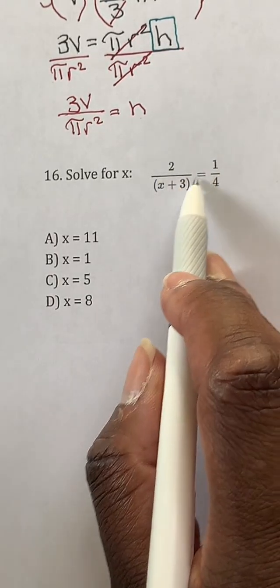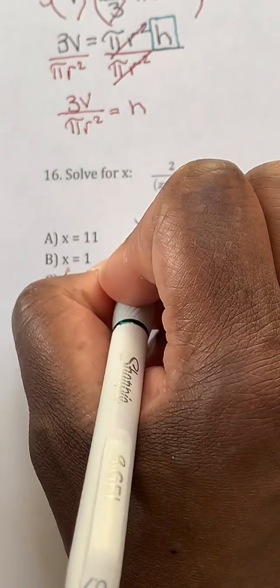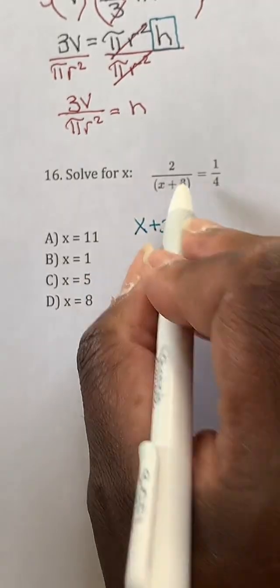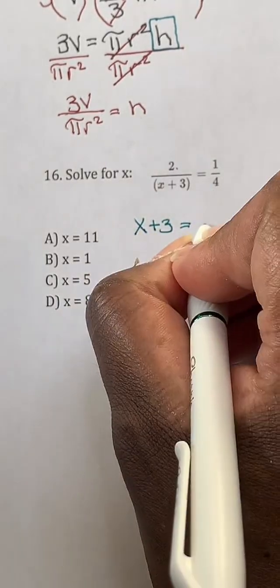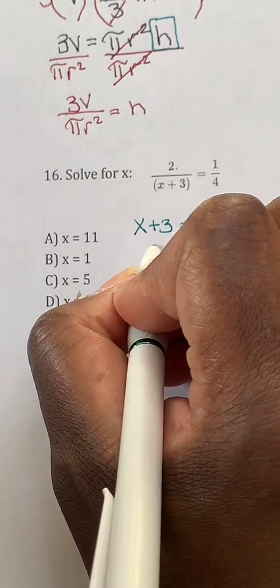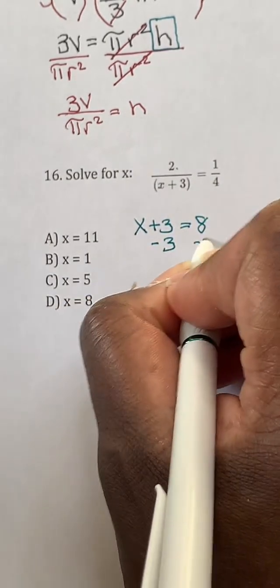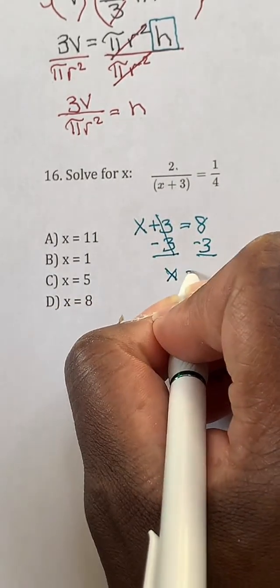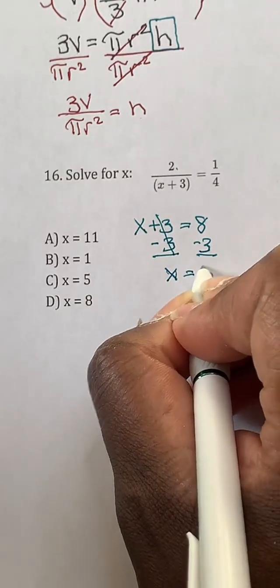So we know 1 times anything is itself. So that's why I got my x plus 3 equals 2 times 4, which gives me 8. So if I subtract 3 on both sides, because I want to solve for x, I have 8 minus 3, which gives me 5.